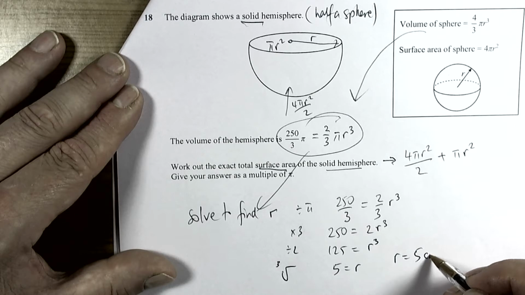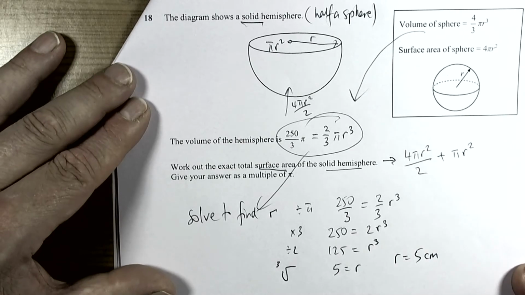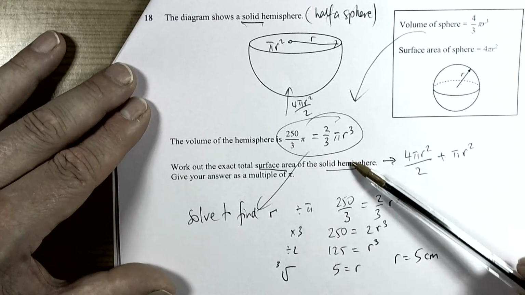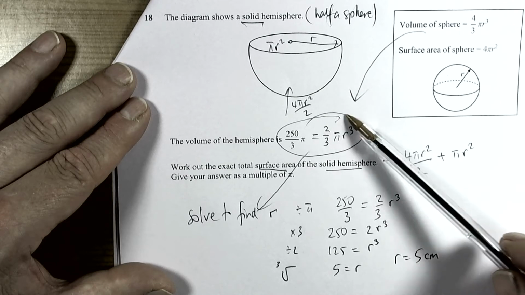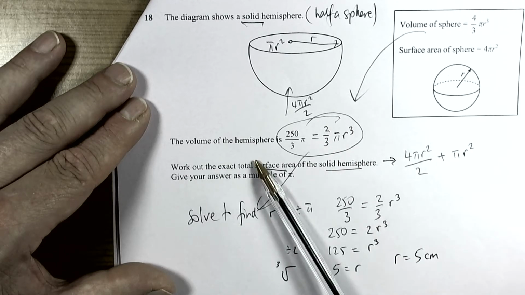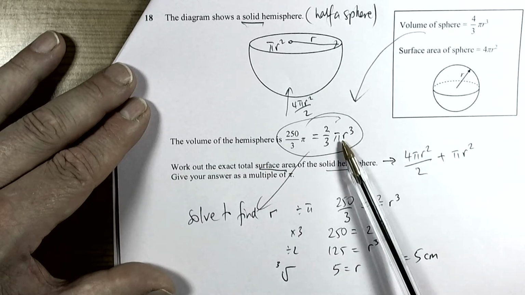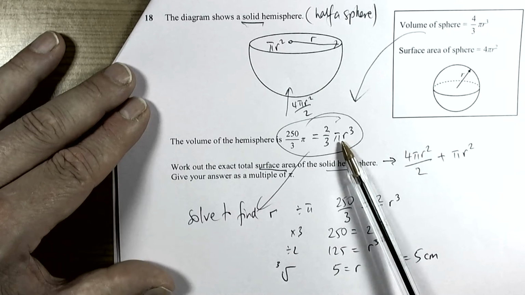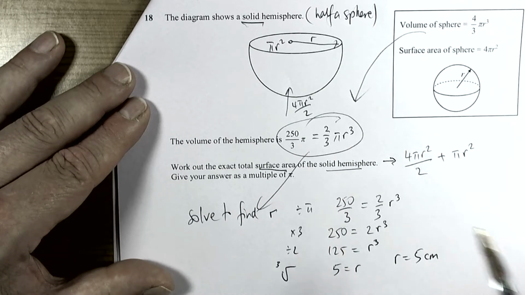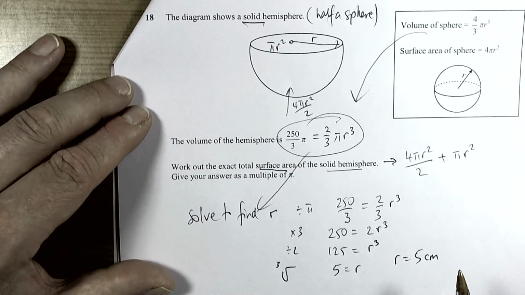So r is equal to 5 centimetres. That was a fairly straightforward manipulation of the known facts. They told us what the volume of the hemisphere was. We know the formula for the volume of a hemisphere, and then we can just rearrange by doing the opposite operations to find out the value of r.